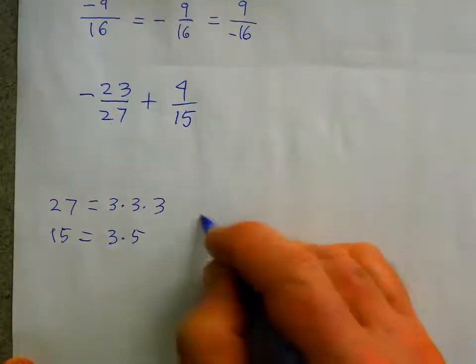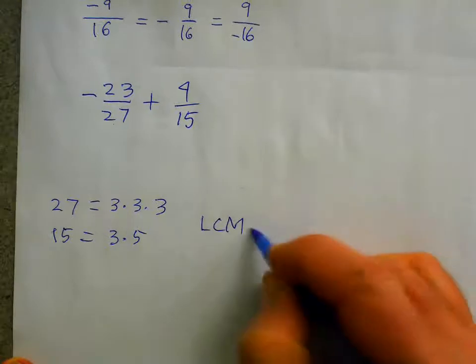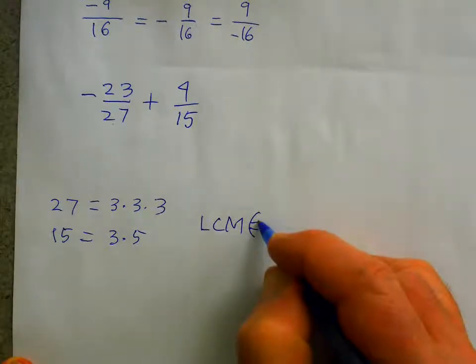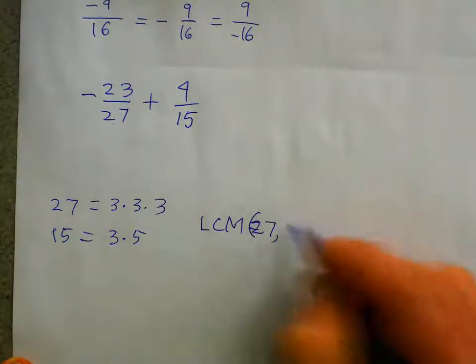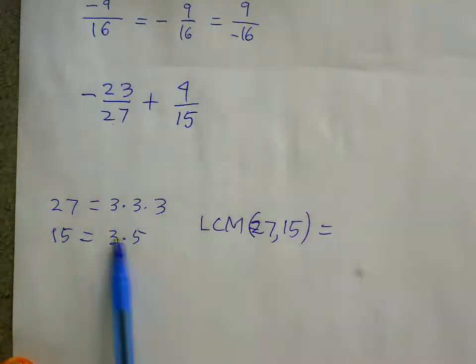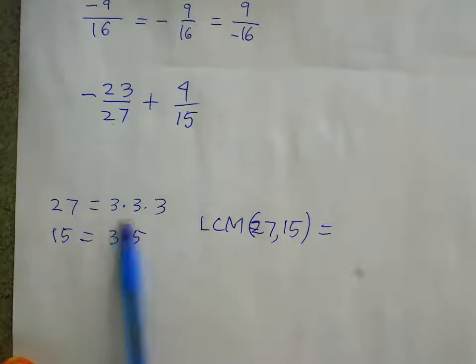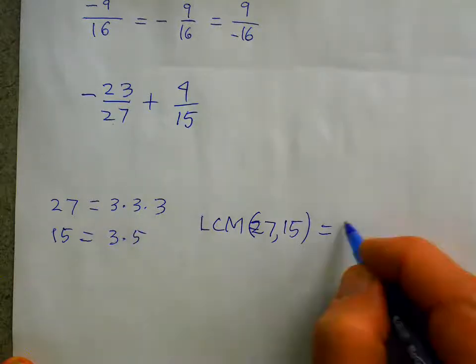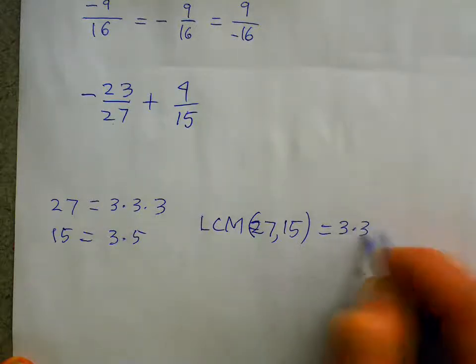So the least common multiple of 27 and 15, which will be the least common denominator, must have the factors in the prime factorizations. So this has 3 factors of 3, so the least common multiple has to have 3 factors of 3.